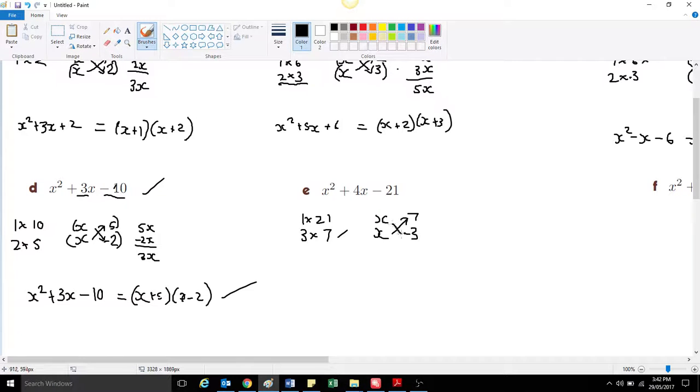Okay, we do the cross product, we're going to have 7x plus minus 3x, that's equal to 4x. So our solution is this one here, x plus 7 and x minus 3. So x squared plus 4x, take 21, equals x plus 7 times x take 3.